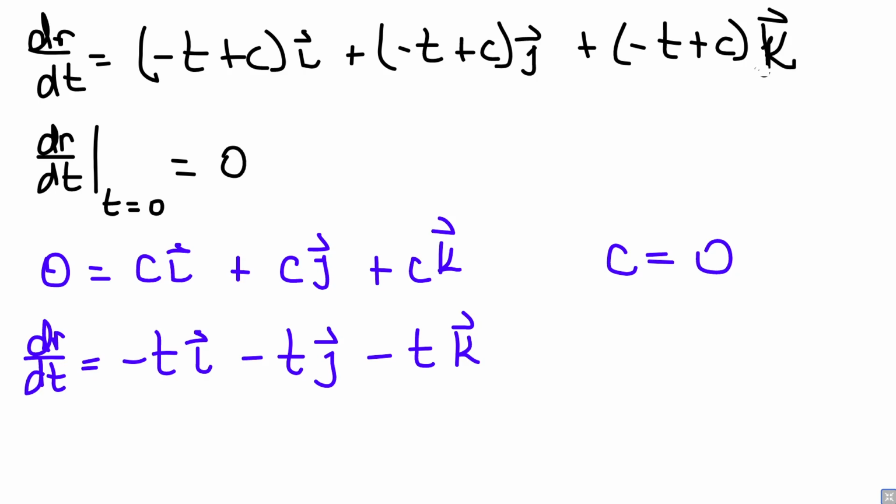So now what we're going to do, because we want r, not dr dt, we just want r. So we're going to integrate again. If we integrate the left-hand side, we're going to end up with r of t. Now, if we integrate this first term, what are we going to end up with?